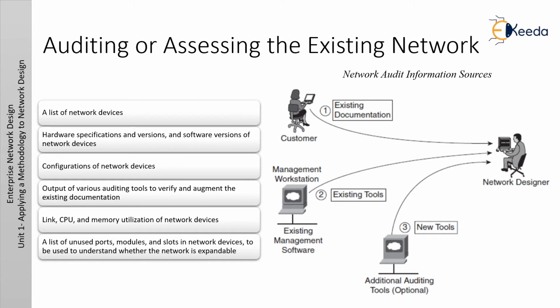An audit provides details such as a list of network devices, hardware specification and version, software versions of the network devices, configuration of network devices, output of various auditing tools to verify and augment the existing documentation, link, CPU and memory utilization of network devices, and a list of unused ports, modules, and slots in the network devices, used to understand whether the network is expandable or not.